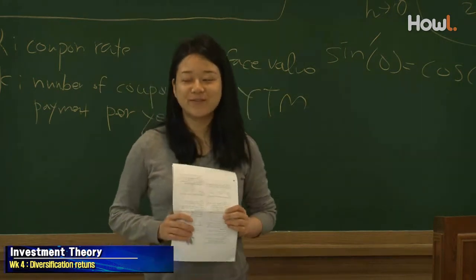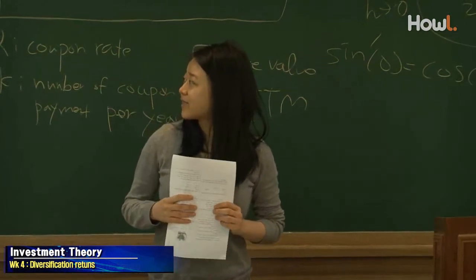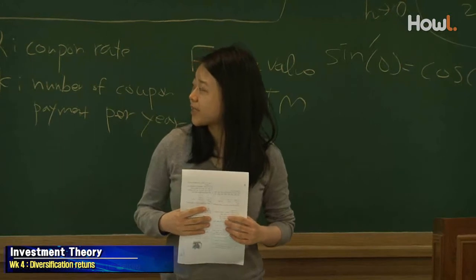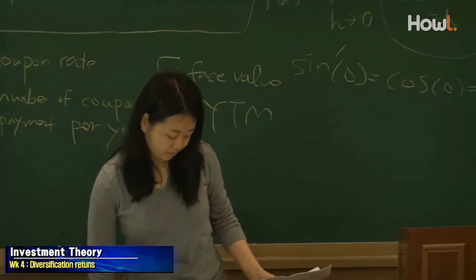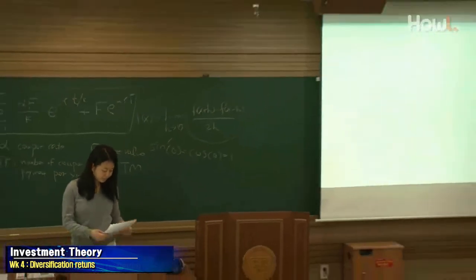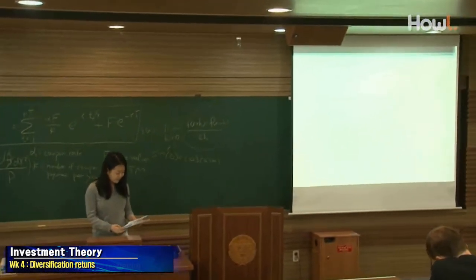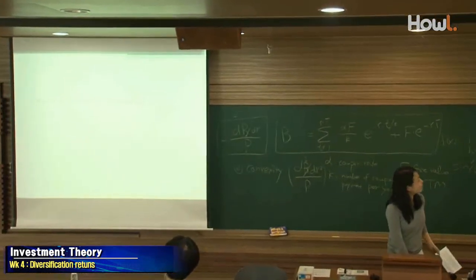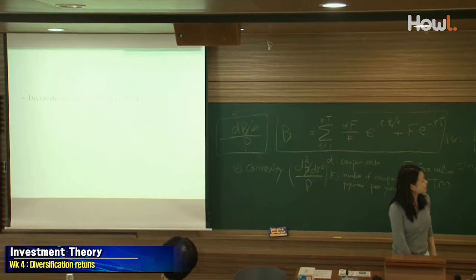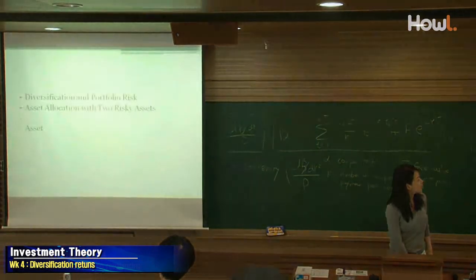Hello, my name is Jiyeon Park, and I'm going to give a presentation about efficient diversification. So let's begin. In this chapter, first I'm going to explain diversification and portfolio risk, and second, asset allocation with two risky assets.